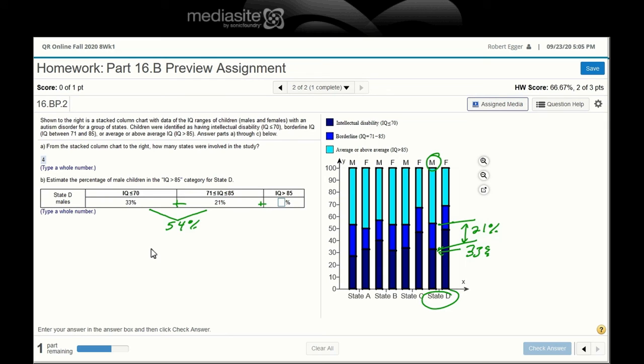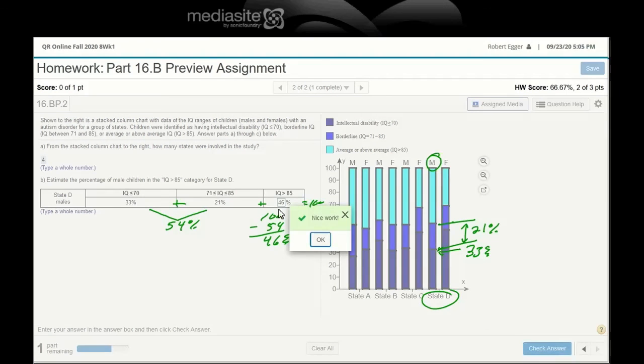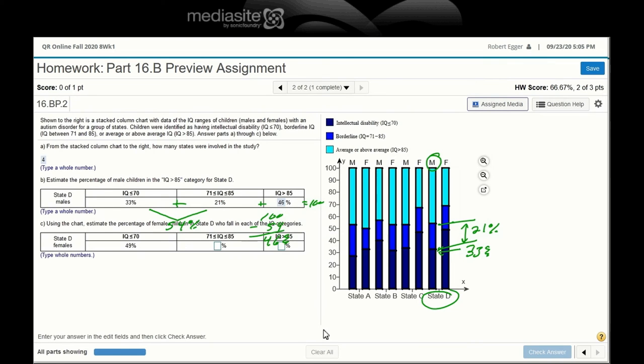Of course, this should add to 100. So what's 100 minus 54? Looks like a 46%. Yeah, that'd be hard to read.